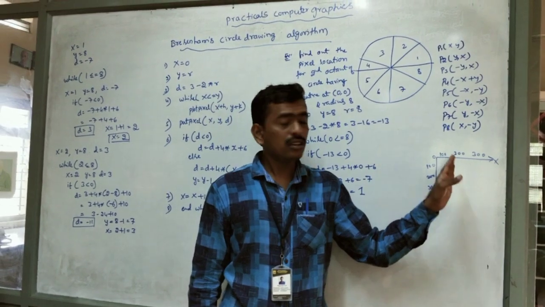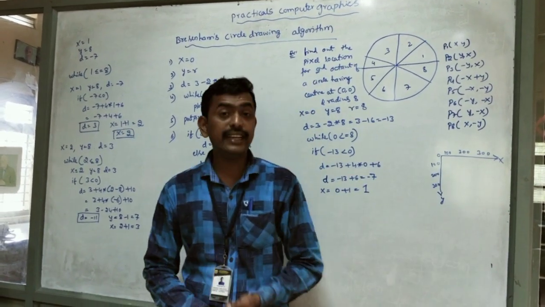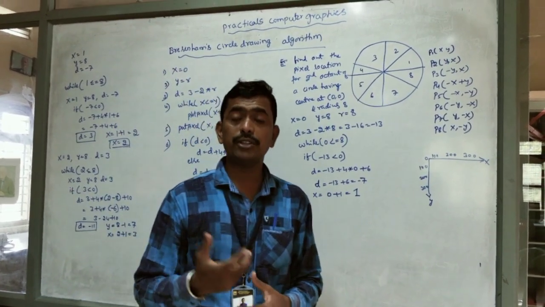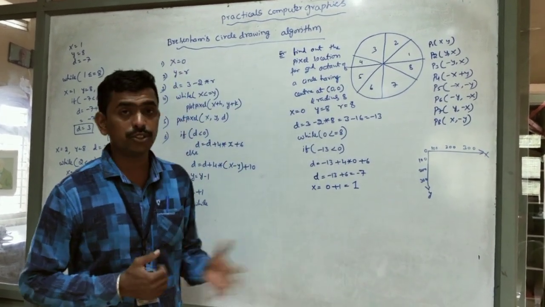You already know how to draw a line, like the DDA algorithm and Bresenham's algorithm, in theory classes: how the program is executed and how the algorithm is executed.